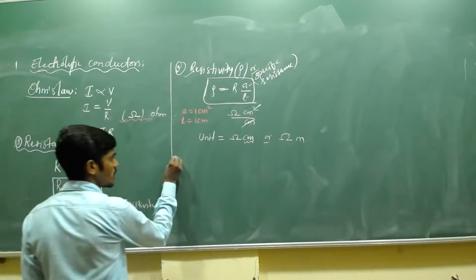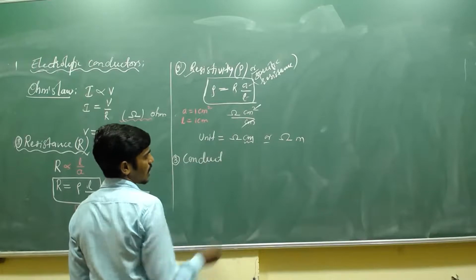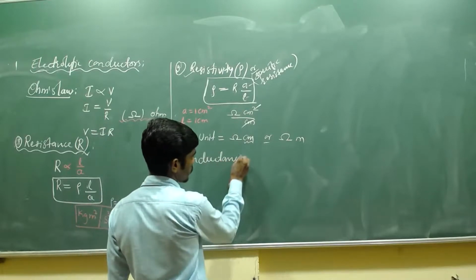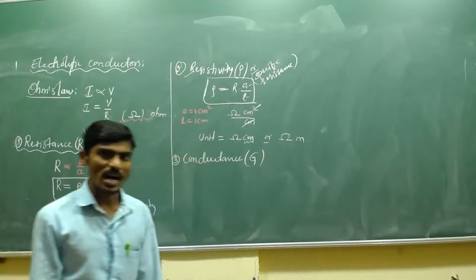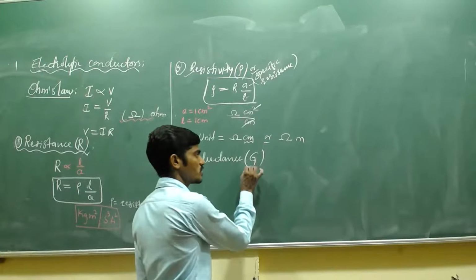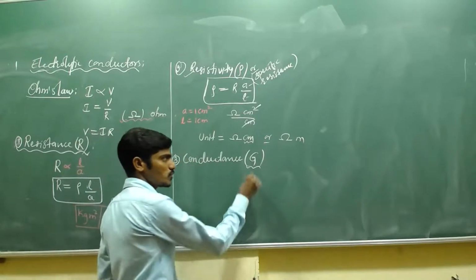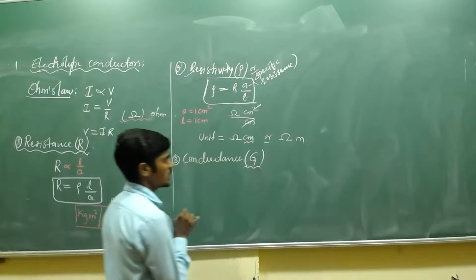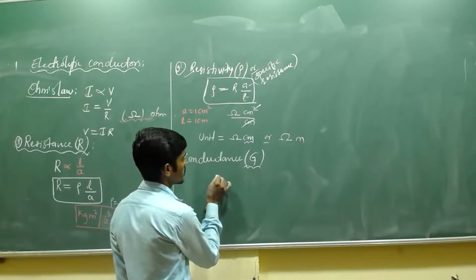The next term is conductance. Conductance is represented by G. In some of the books, they have used the term C to represent conductance, but here I am using the term G. Conductance is defined as the inverse of resistance.